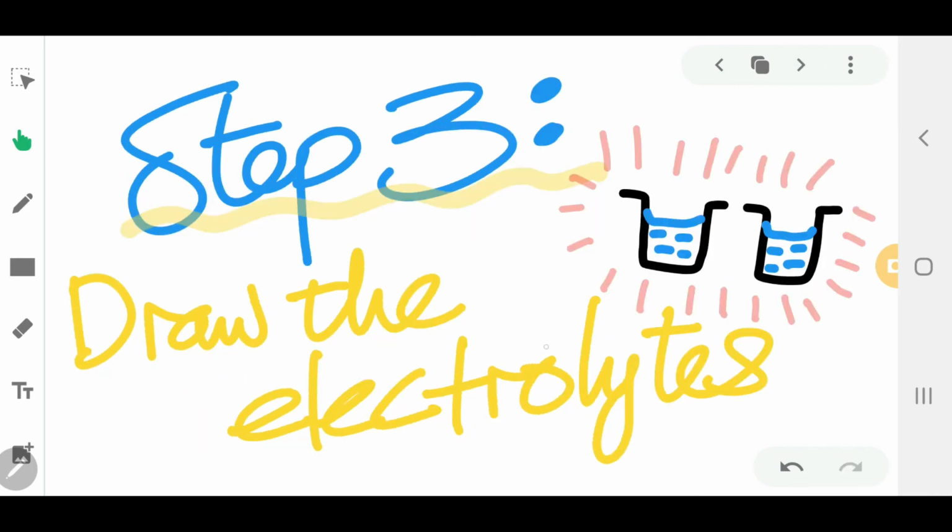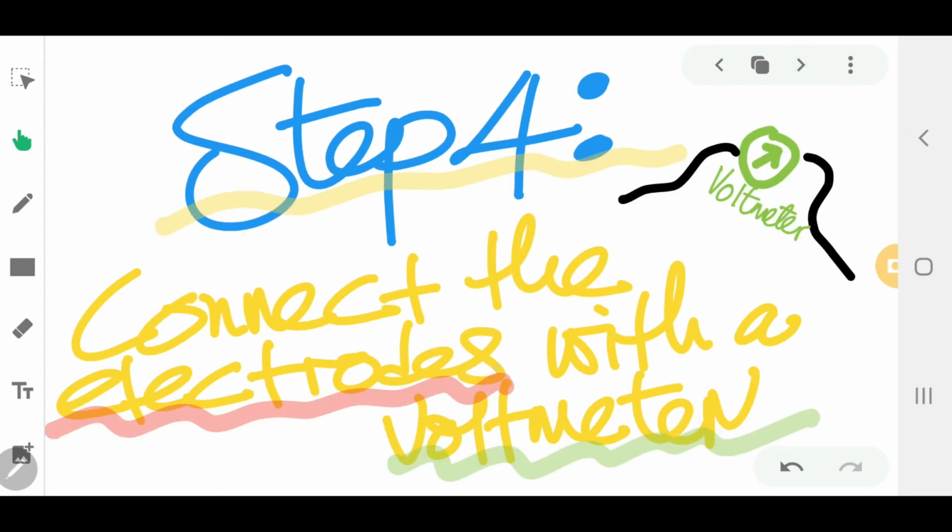And then step 3, you have to draw the electrolytes inside the 2 beakers. In step 4, you have to connect the electrodes with a voltmeter. You have a voltmeter like this. This is the symbol for a voltmeter in the matriculation syllabus. You have to do it like this. And then you have wires connecting all of them.